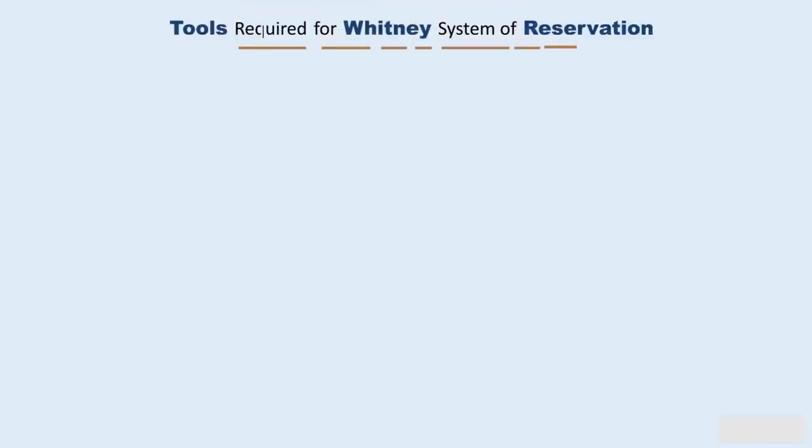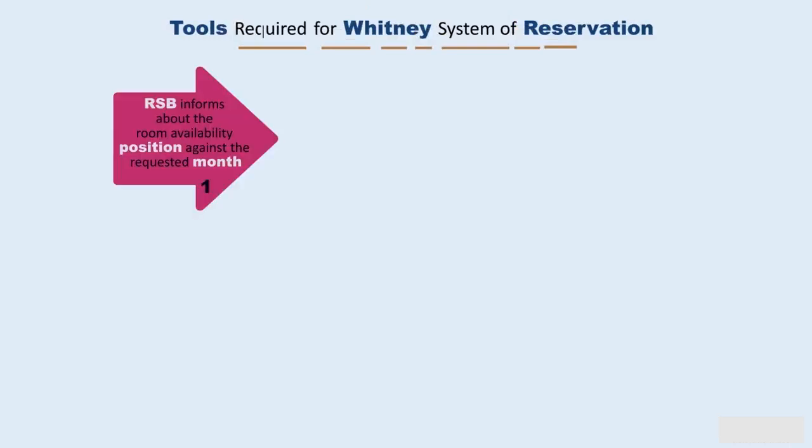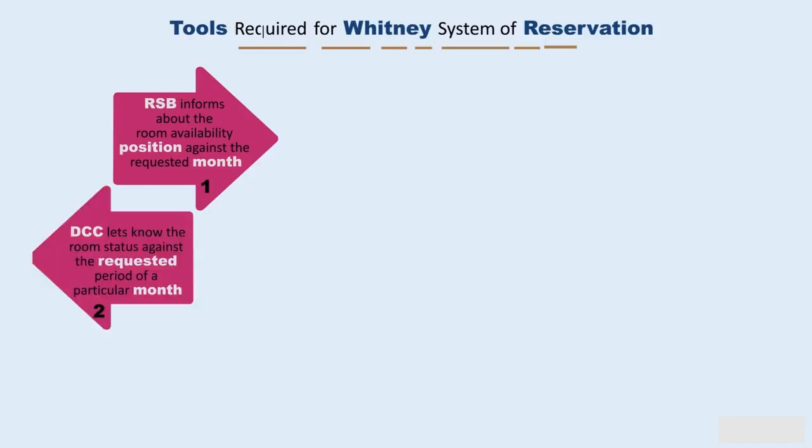Tools required for Whitney system of reservation. Room Status Board. When a reservation request is received, first, the RSB is referred, which tells about the room availability position against the requested month. Density Control Chart.